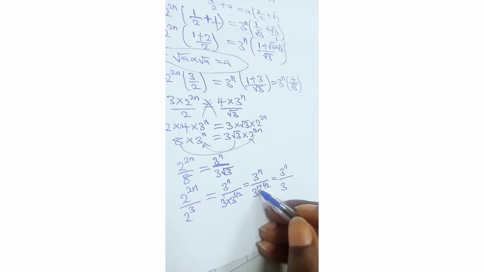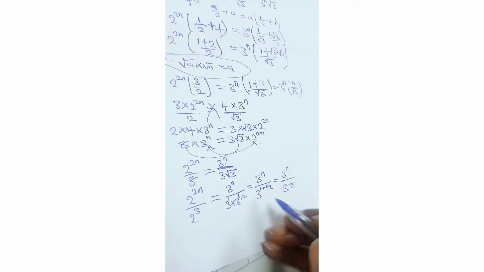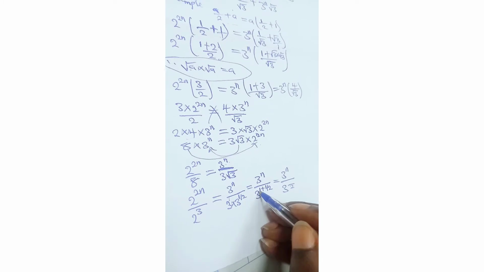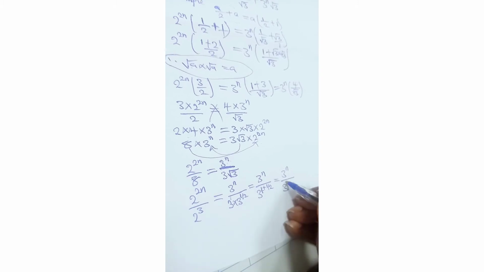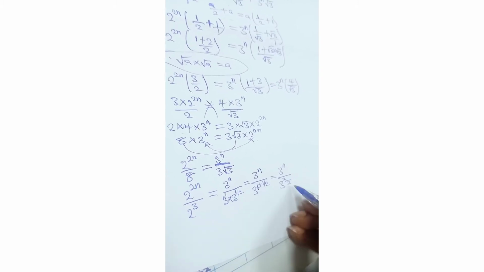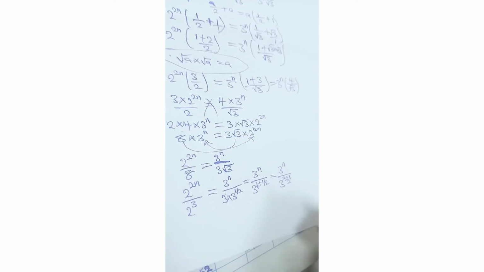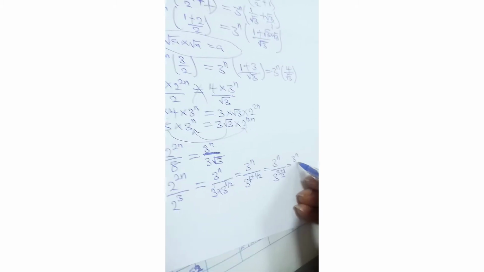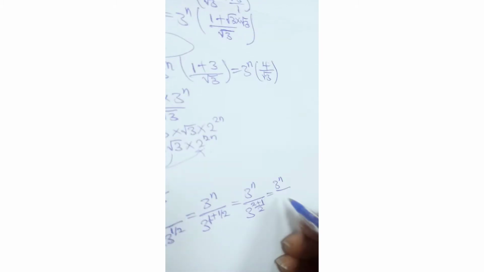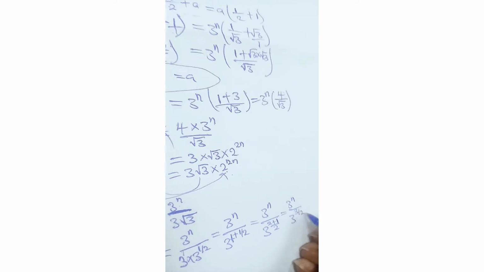Remember, find the LCM: 2 divided by 1, you have 2 times 1, you have 2; divided by 2, you have 1 plus 1 times 1. So this is going to give you 3 raised to power n over 3 raised to power 3 over 2.